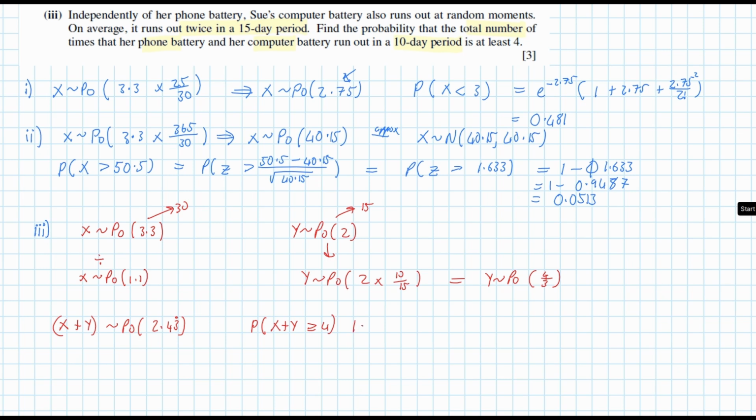So we go 1 take away e to the negative 2.43 recurring times 1 plus 2.43 plus 2.43 squared over 2 factorial plus 2.43 cubed over 3 factorial. And we chuck this into a calculator.